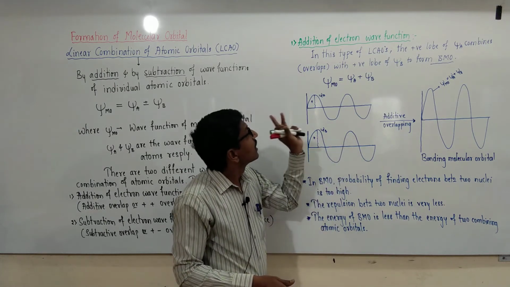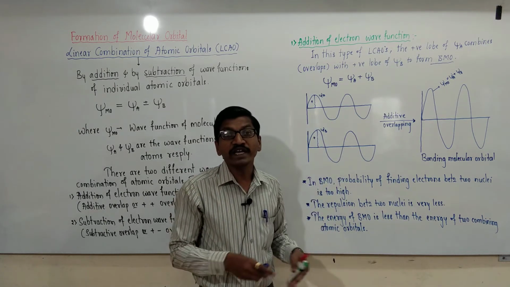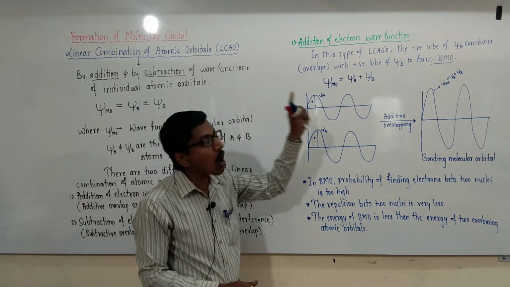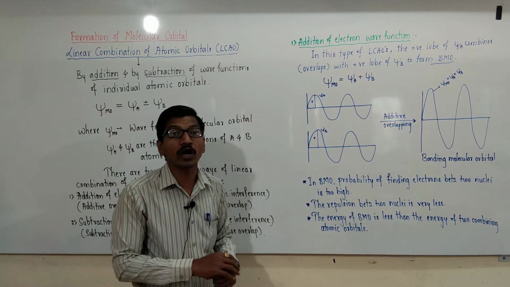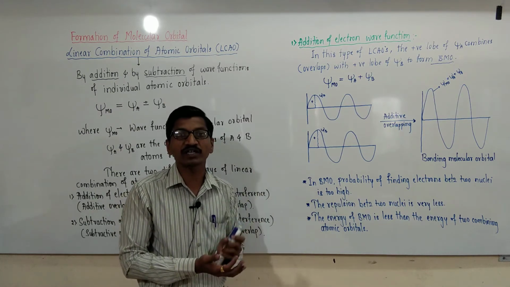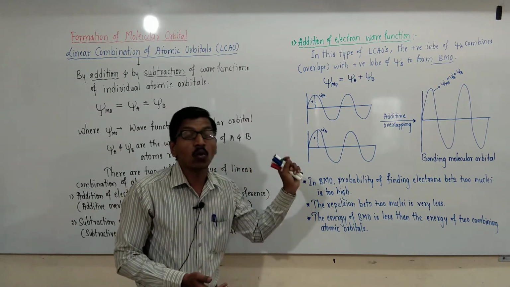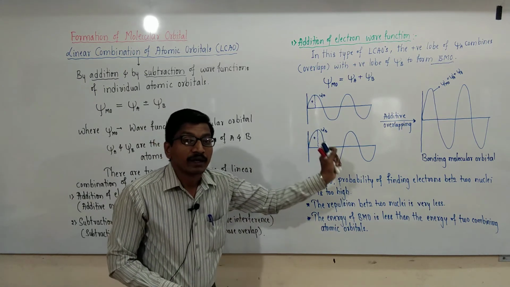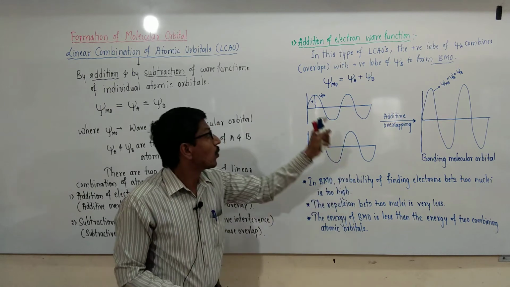This is the first type of linear combination of atomic orbitals, that is addition of electron wave function. It is also called constructive interference, additive overlap, positive overlap, or in-phase overlap.